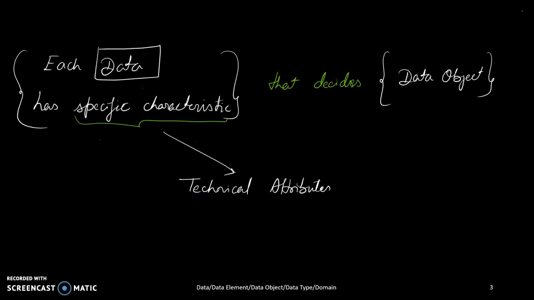When we talk about data, it must have specific characteristics, and those characteristics can be called technical attributes. Based on the technical attributes of the data, we can segregate the data into different characteristics.